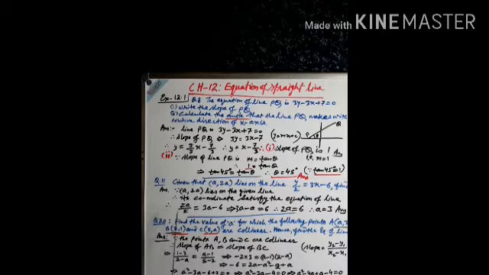So therefore 2a by 2 equal to 3a minus 6, and this implies 3a minus a equal to 6. So 2a equal to 6, therefore a equal to 3. So the value of a you got 3. Okay, so what you did here, in the given equation, in place of y you have written 2a, and in place of x you have written a, and thus calculated a equal to 3 is the answer.